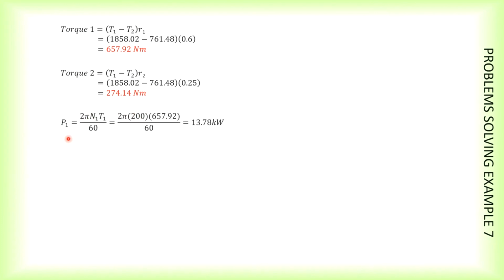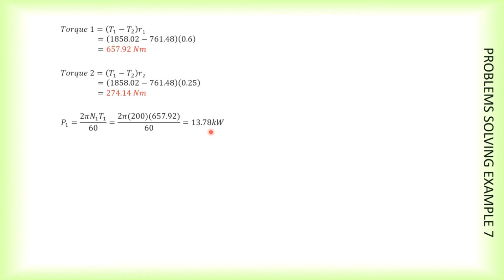Based on angular speed, now we are not looking at the power based on anything that is moving in a straight line like the belt. When you refer to the pulley, the power should be 2 pi nT over 60. You found that the power input by the driver is 13.78 kilowatt. As compared to the belt, based on the belt we have 13.77 and this is 13.78.